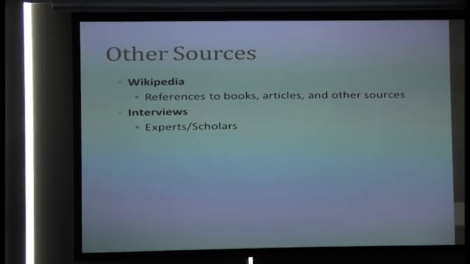I actually had a science student in my office last week looking for stuff on a microscope. We went to Wikipedia, and sure enough, there were some references to books on his microscope. So you don't really want to use it as a citation in your paper, but you can use the citations in Wikipedia to find sources to cite.